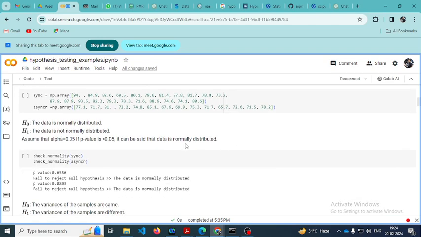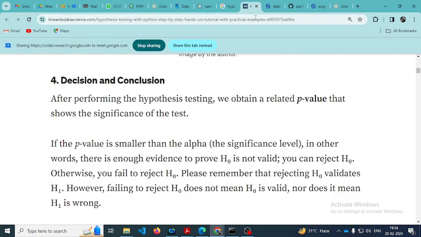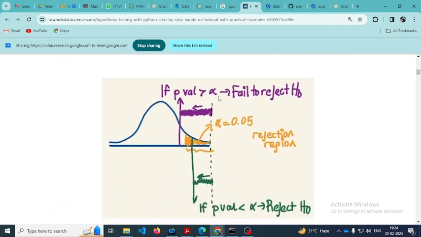If the p-value is greater than that alpha value, it can be said that the data is normally distributed. I hope you know the basics of alpha and p-value; you have gone through the video lectures. If the p-value is less than alpha, we directly reject the hypothesis H naught. That is the basic thing.